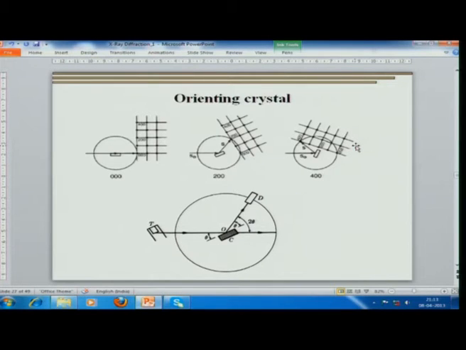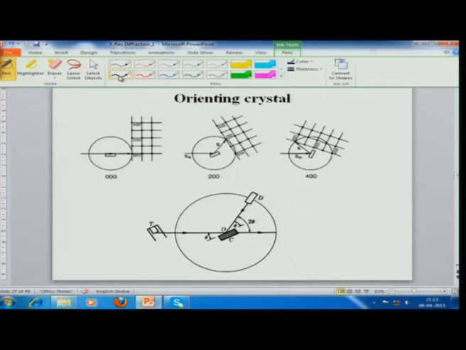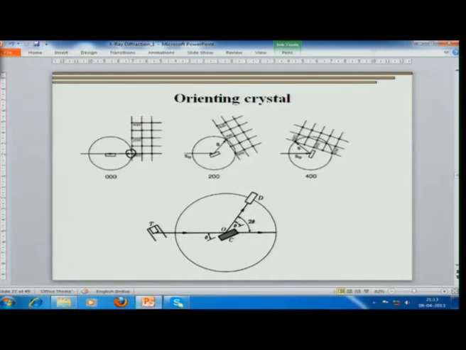As I had already mentioned, the entire exercise now revolves around how to orient the crystals, so that one or more points lie on the Ewald sphere, so that diffraction occurs. Herein you can see that the 1 0 0 point lies, and the 0 0 point lies, and therefore you do not get diffraction.